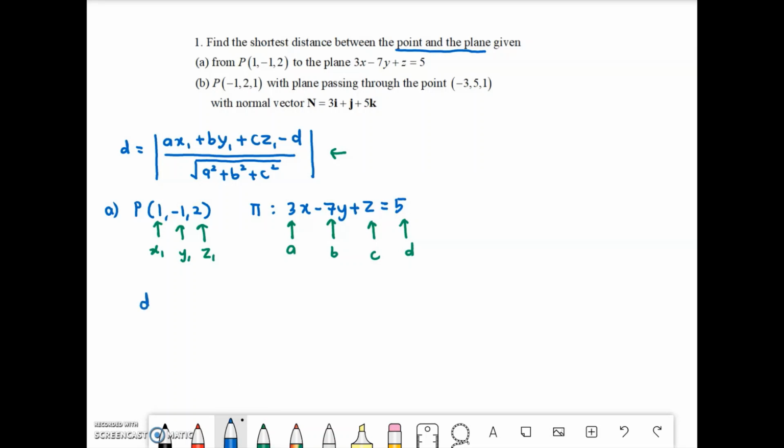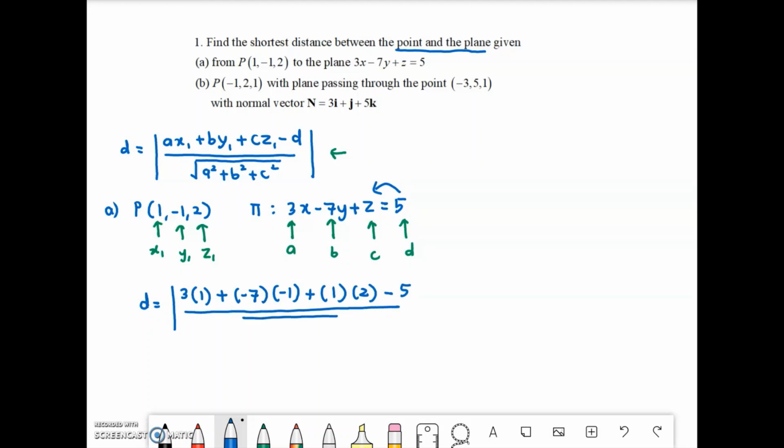So we have D equals the absolute value of A, which is 3, and x1 is given from the point P, so we multiply with 1, plus B, which is negative 7, times y1, negative 1, and C is 1 times z1, which is 2. And then remember that we have to bring our d to the left hand side, so this will be minus 5.